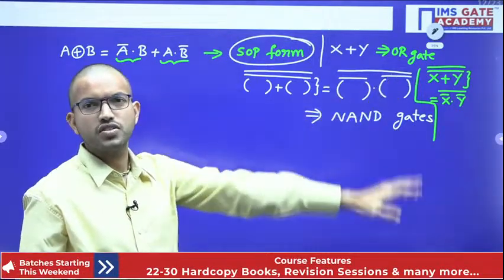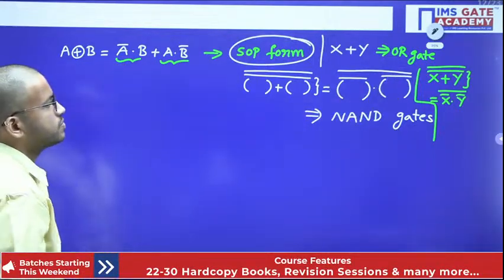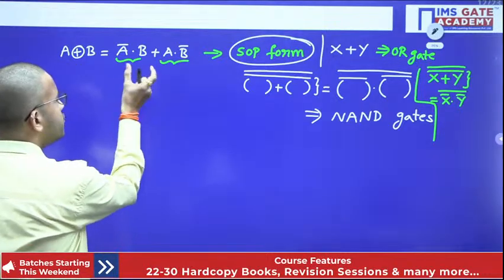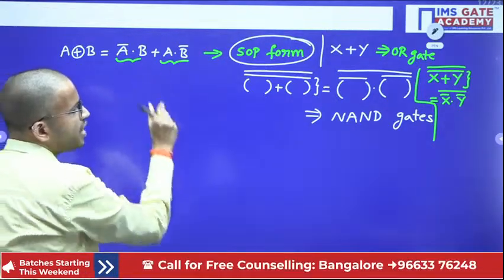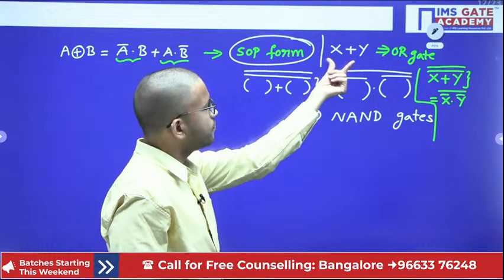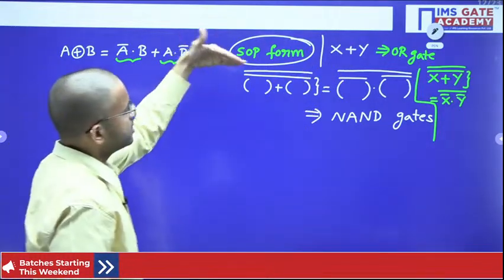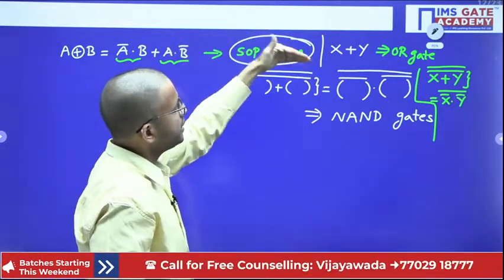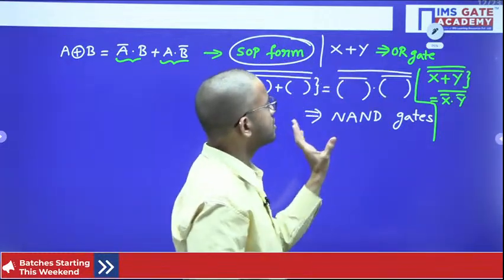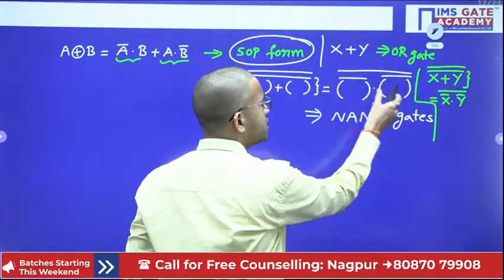Yeah, 2 times complement. You can visualize a function like SOP form, or like X plus Y form. Whenever you are having that, it is very simple. You will apply 2 times complement, and for the inner complement you can use De Morgan's law, so that you are getting each and every term complement.